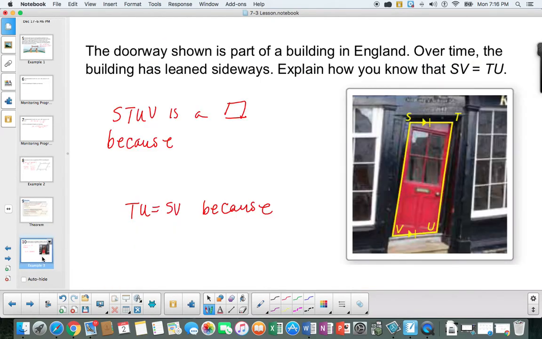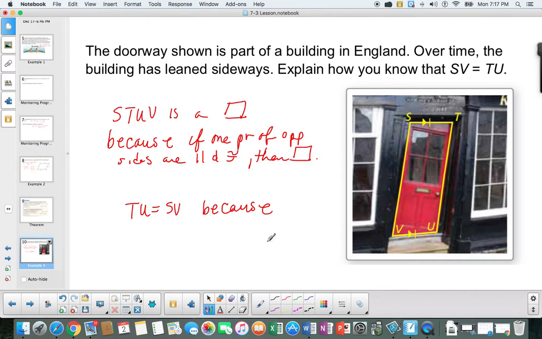Okay, this doorway is part of a building, and we want to explain how we know SV is equal to TU. Now I see one pair of sides that is parallel and congruent. So I can state that this is a parallelogram because if one pair of opposite sides are parallel and congruent, then it's a parallelogram.